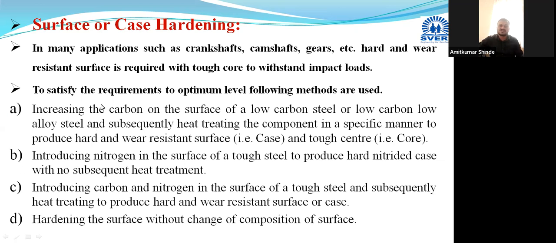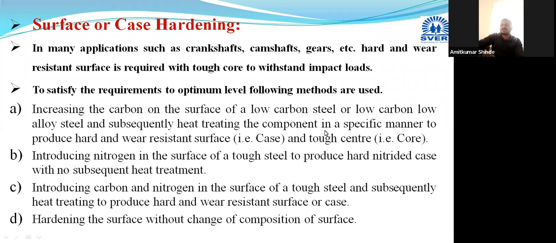Surface hardening by changing the composition. And the last point, D, is hardening of the surface without changing its composition. Now in the first part, by changing the composition, we are going to increase the carbon on the surface of low carbon steel or low carbon low alloy steel, and subsequently it is followed by a heat treatment process.